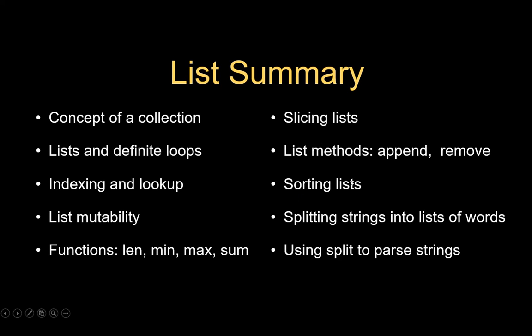We talked about append and remove, how to add values to the end of the list. We started using the sort function. We used the split function to parse strings and extract different, interesting portions of a specific string.